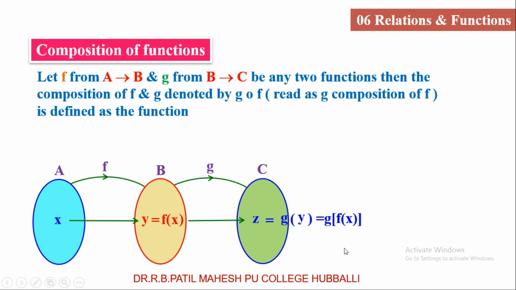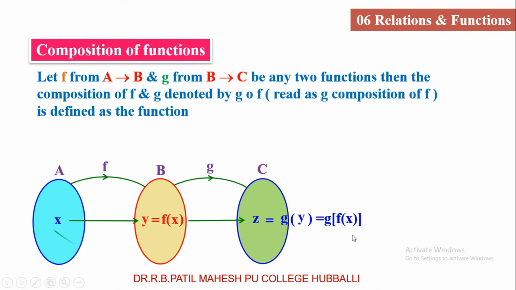Dear students, f and g are the two functions from the set A to set B and the set B to set C respectively. Image of x is f of x and image of f of x under g is g of f of x.